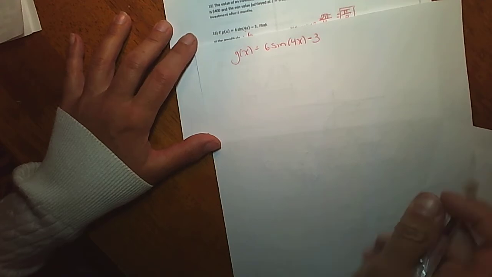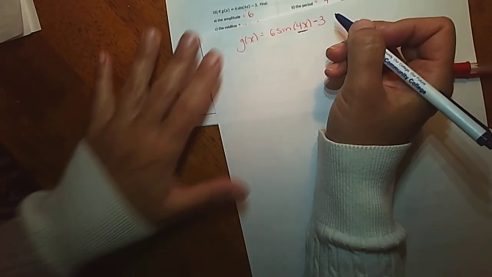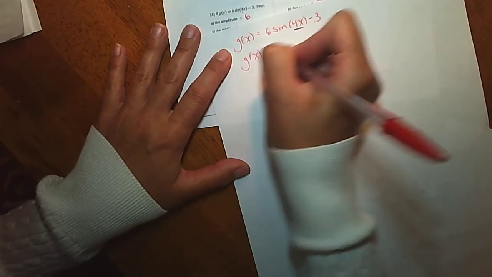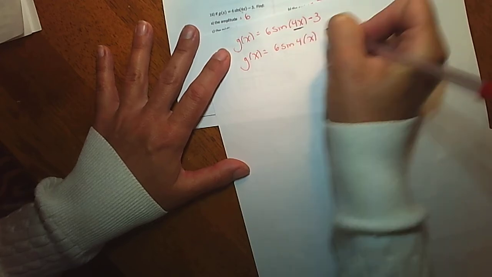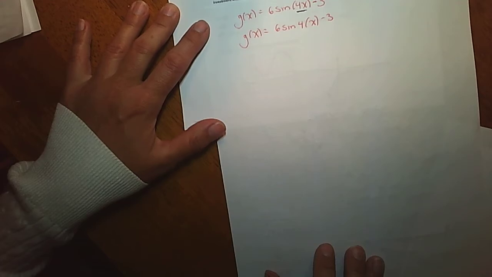Now we want to graph this. Now while I did answer these couple of questions, when I go to graph it, I'm going to make the whole list of info. Now the first thing you guys should remember is you cannot have a number in the parenthesis in front of the x. So before I do anything here, I'm going to pull that 4 out. So I separate the frequency from any shifting. Okay, and now I'm going to start making my list.